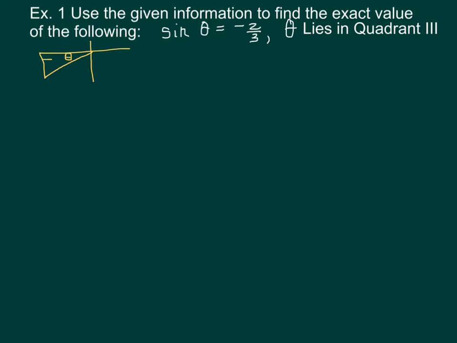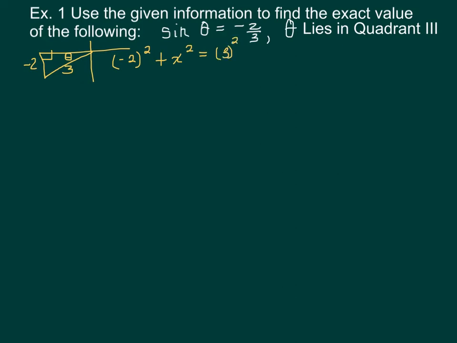Here's theta. And they gave us sine is negative 2 over 3. So opposite would be negative 2. Hypotenuse would be 3. And we're going to use Pythagorean theorem to help us find the adjacent side. I'm just going to set this up.